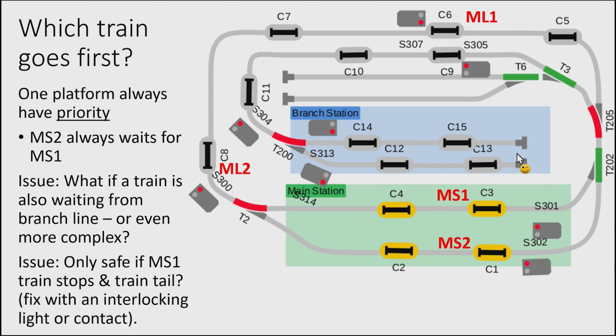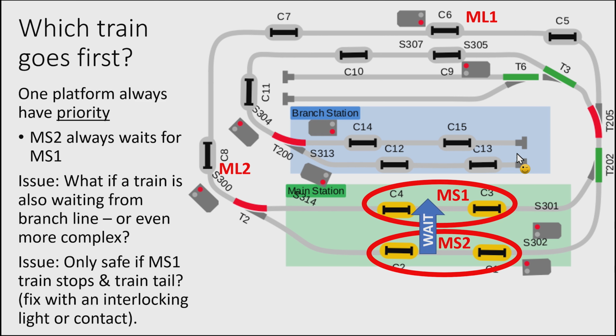Well, one strategy is to say that one platform always has priority, such that, for example, trains at main station 2 always wait for main station 1, such that if main station 1 is occupied, main station 2 cannot leave. So that basically means main station 2 always waits till main station 1 is free.